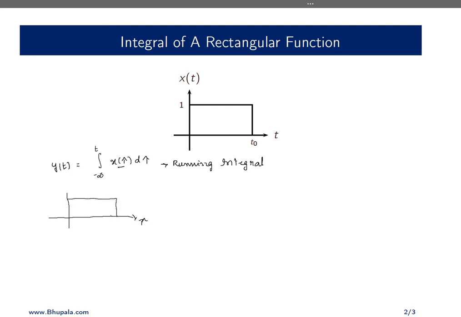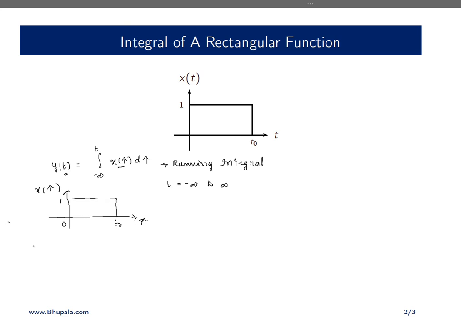We call this function not x of t, but x of tau. Now we are interested in evaluating y of t for all values of t. For any signal, t varies from minus infinity to plus infinity, so our t starts at minus infinity.